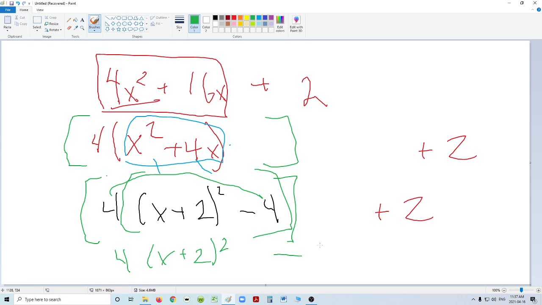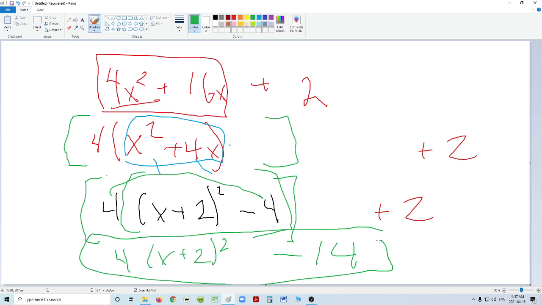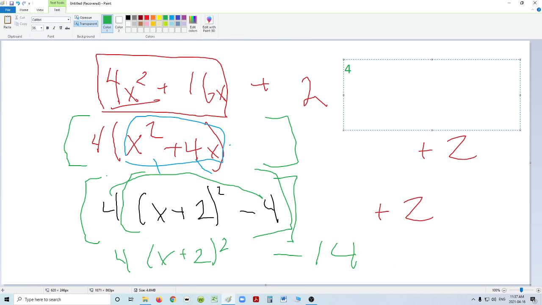It is minus 16, and then I still have Larry, plus 2. What's minus 16 plus 2? It's minus 14. So right there, I've created the vertex format. I'm left with 4, so it's an upward-facing parabola, 4 times x plus 2 squared minus 14.